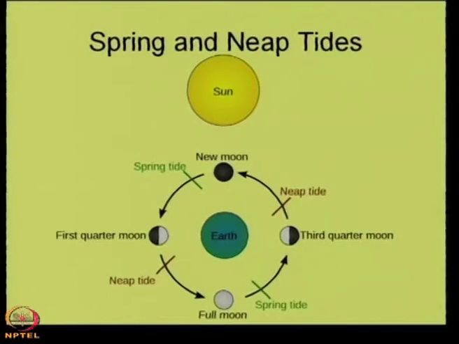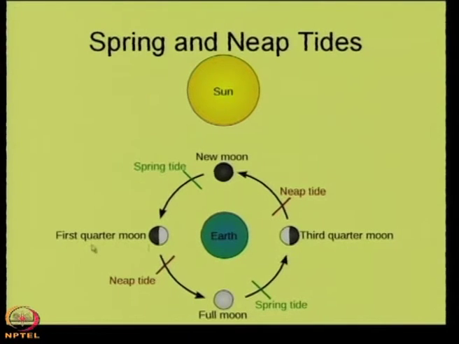Whereas, when you have the first quarter or the third quarter of the moon, the tidal forces of the moon and the sun cancel each other, and you do not have such severe tides. The amplitude of the tides will be less. So, at spring tide, the high tide is going to be very high, the low tide will be very low.